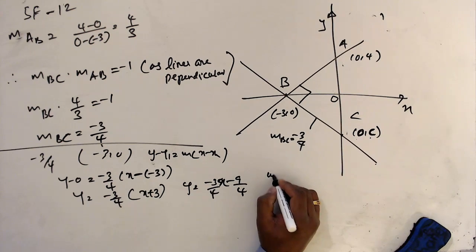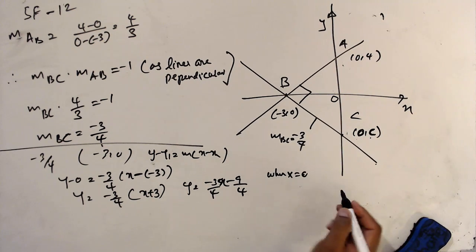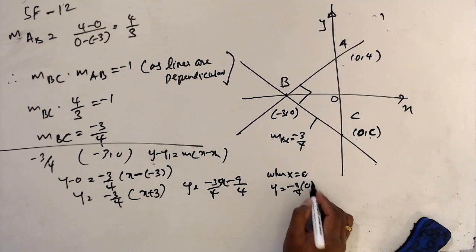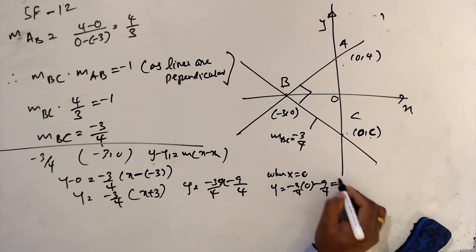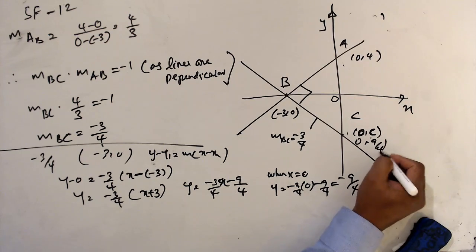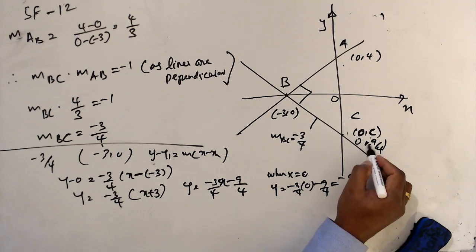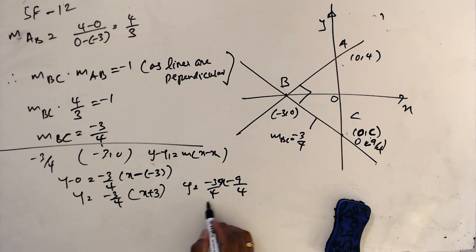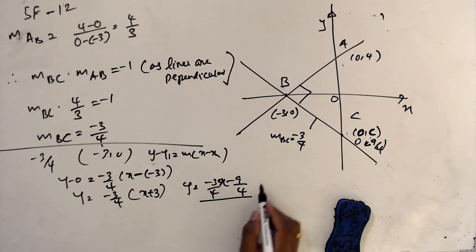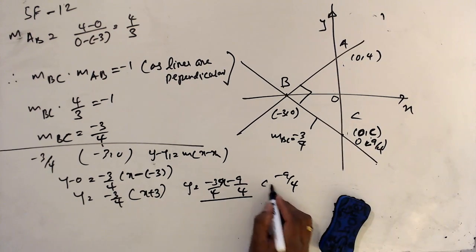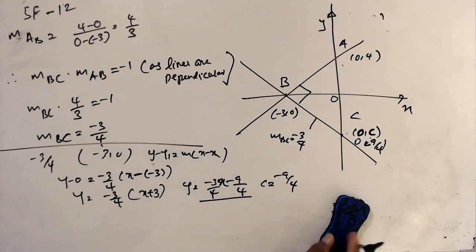Now, when x equals 0, y equals minus 9 over 4. Or you can think about it as the y-intercept, which is minus 9 over 4, because this is 0. Hence C equals minus 9 over 4.